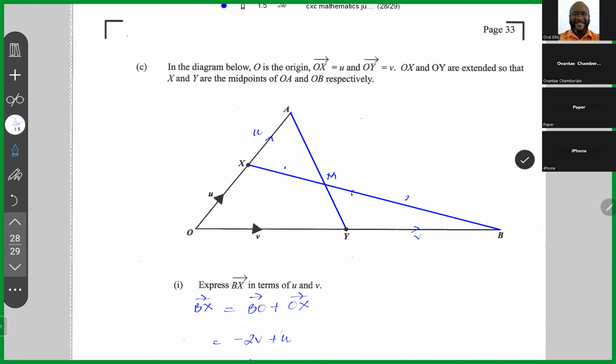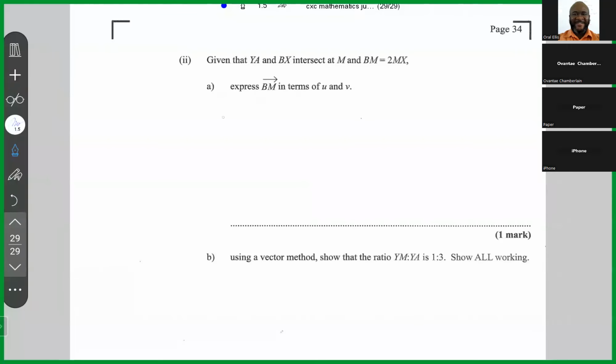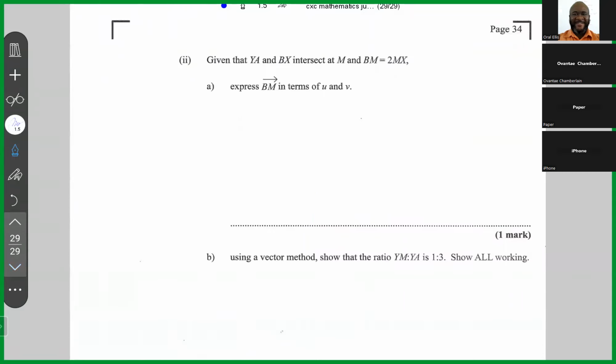Now we're asked to find BM. BM is actually 2/3 of BX. So let's go from that angle. BM is 2/3 of BX. So this is 2/3 of U minus 2V.